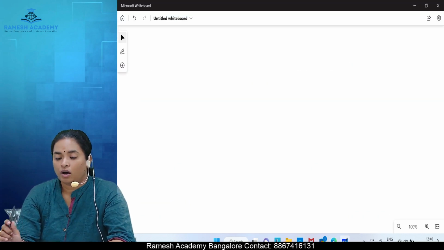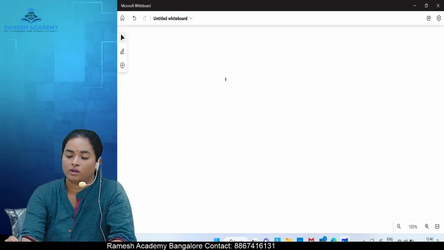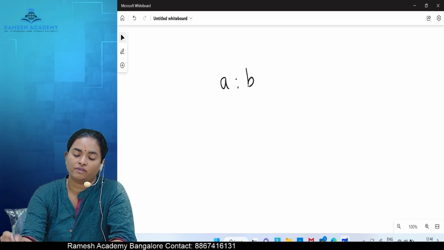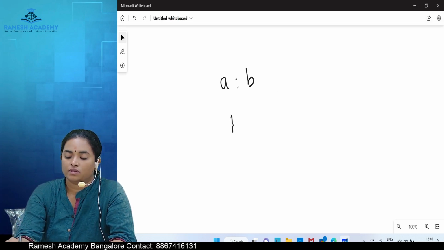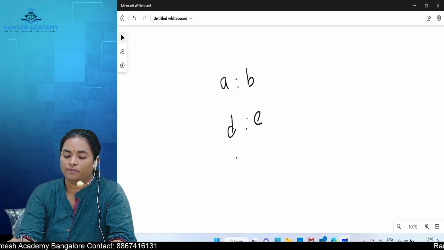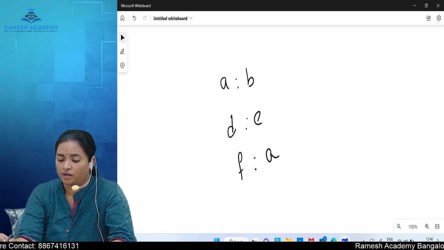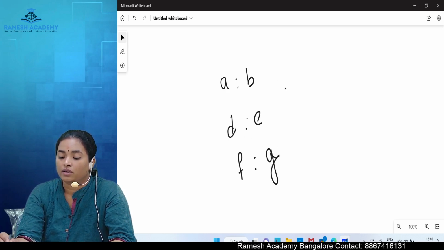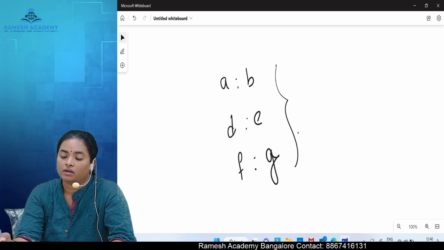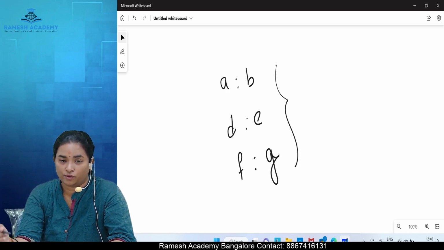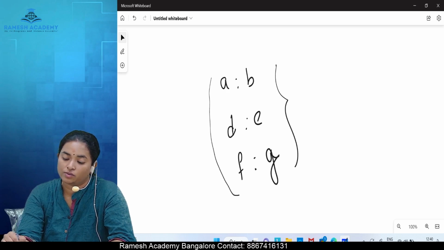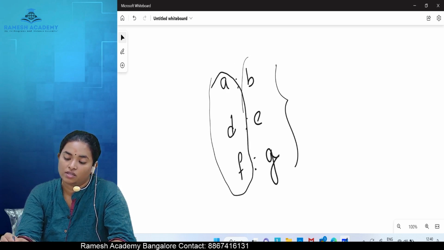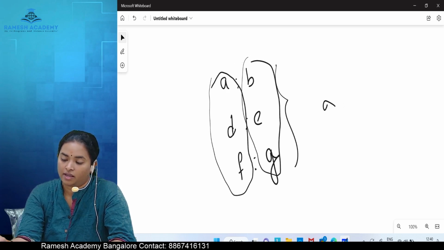So when you are finding the compound, let's say A:B you have, then D:E, then F:G, some random values. Okay, there's no idea. So I want to find the compound ratio for this. Compound ratio means you multiply these ratios.